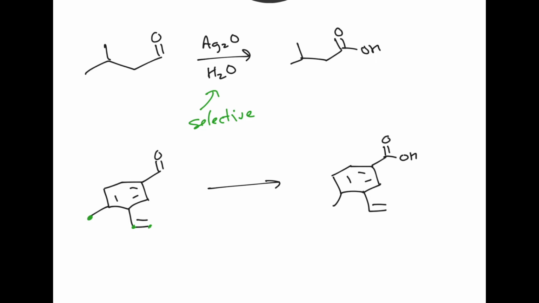It would just be a mess. But using silver oxide and water, it's only going to react with the one spot. So that is the upside. It's more selective, even compared to sodium dichromate and sulfuric acid, right? You're not using as harsh conditions. You're not having to add sulfuric acid to make your reaction go.